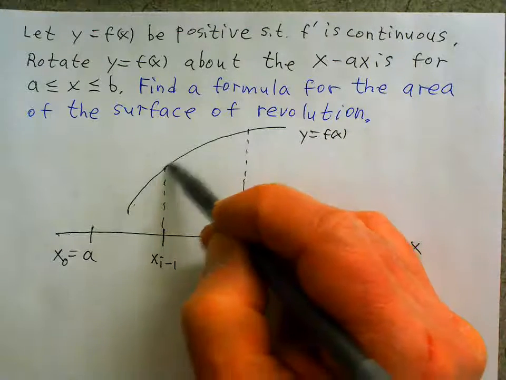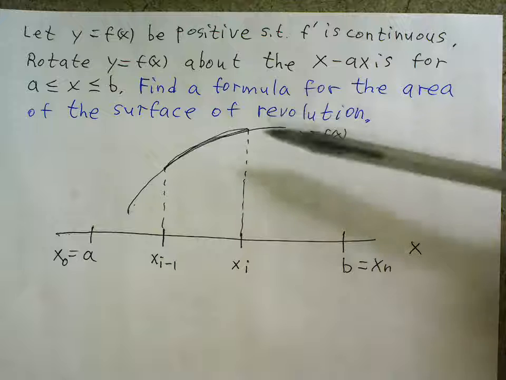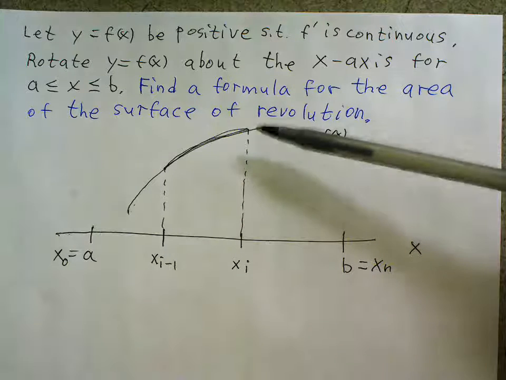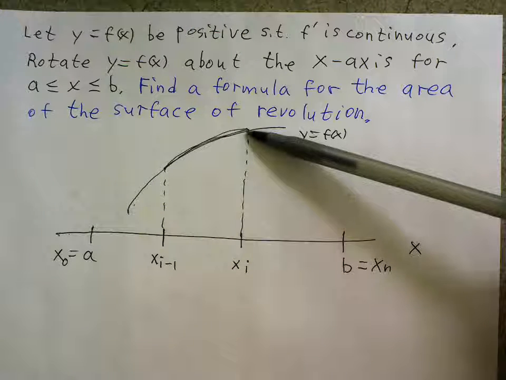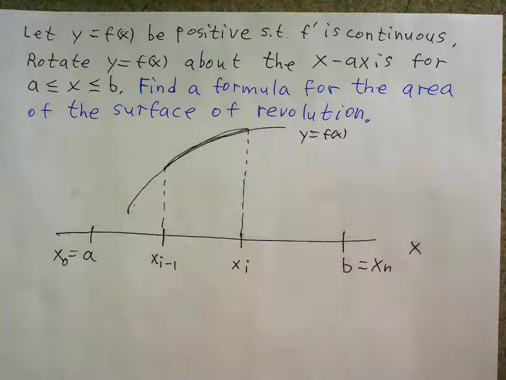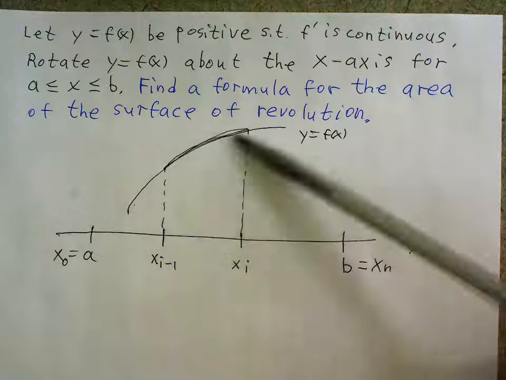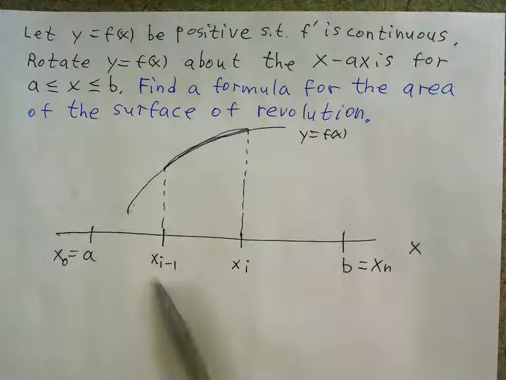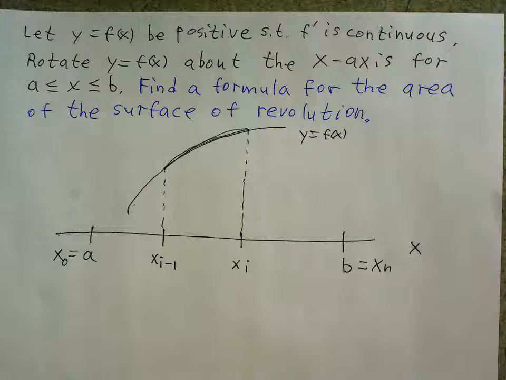The first thing we want to think about is what the surface area will be if we rotate this portion of the curve about the x-axis. And if we can find a formula for the surface area on this interval from x sub i minus 1 to x sub i, then all of the other surface areas on all of the other intervals will have the same form. And then we can just add them up, and that will be an approximation for the surface area.